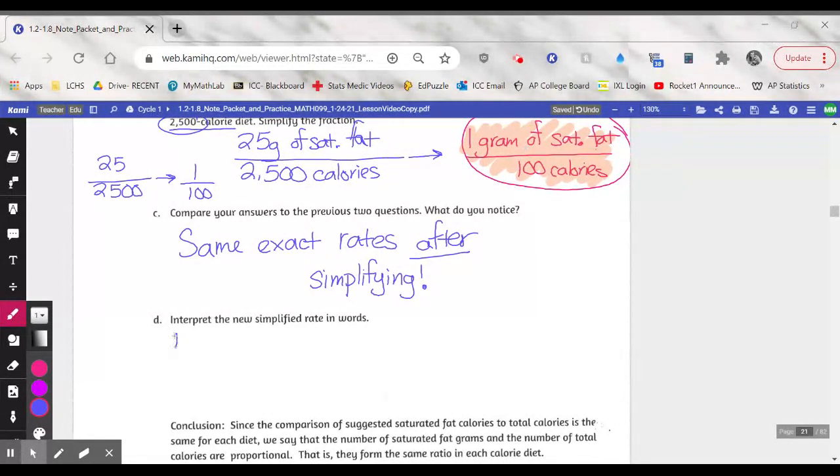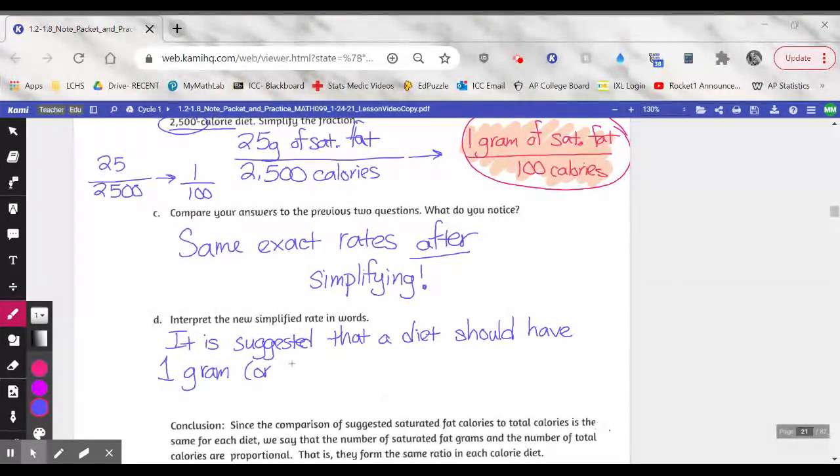So we can say that it is suggested that a diet should have 1 gram or less of saturated fat for every 100 calories.